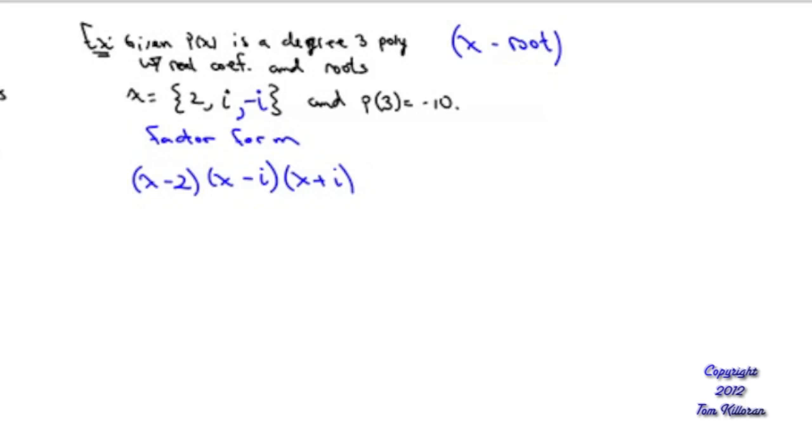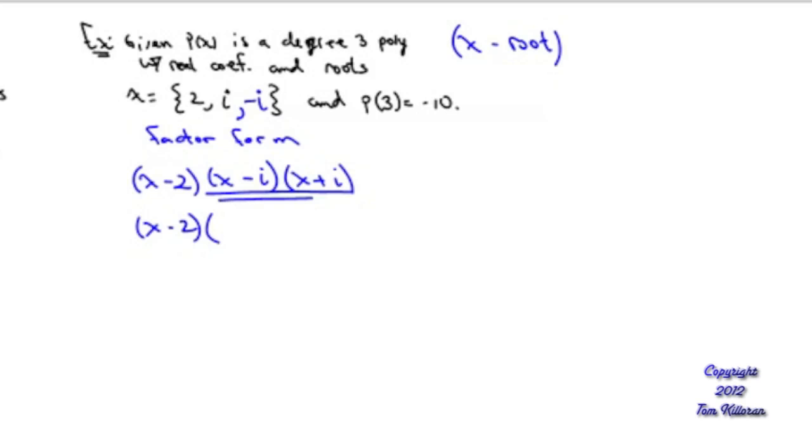Out of these 3, which 2 would you multiply together first? Definitely multiply these 2 conjugates together. So we're going to get x minus 2 times, what's x minus i times x plus i, since they're conjugates? It's x squared. What is i squared equal to again?